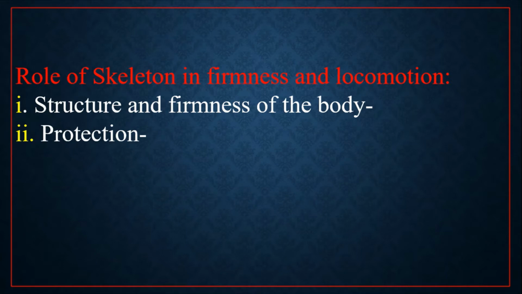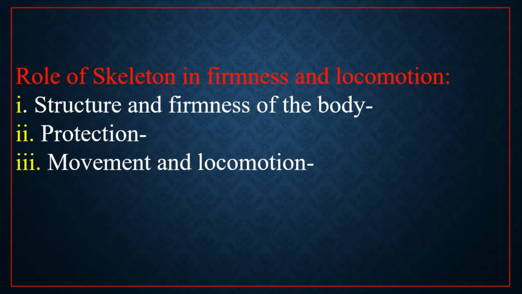Protection: the skeletal system protects some of our soft and important organs like brain, spinal cord, heart, lung, kidney, etc. The skull protects the brain. The vertebral column protects the spinal cord. The thoracic cavity protects our lungs, heart, etc.